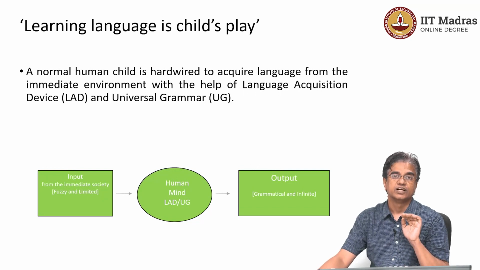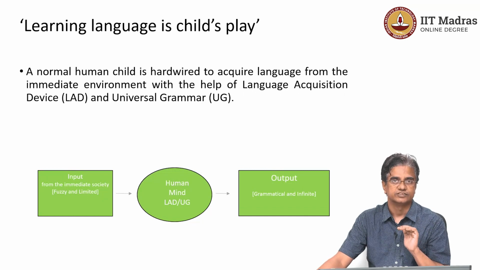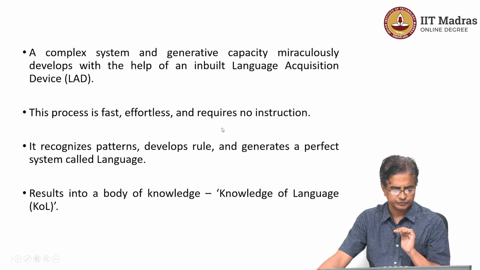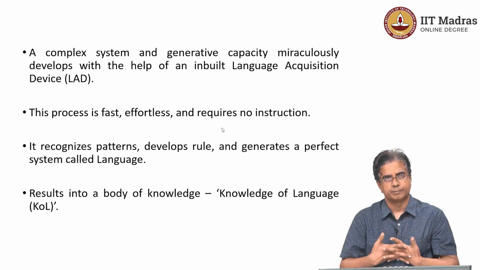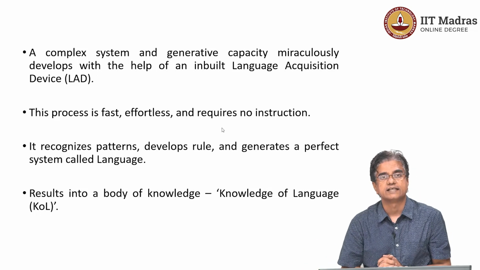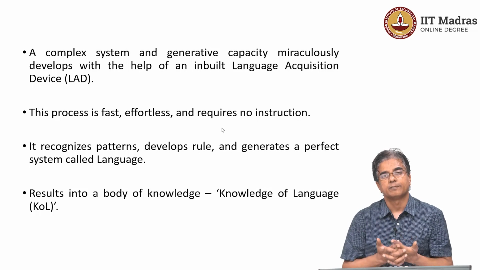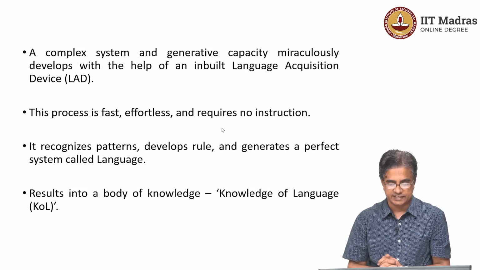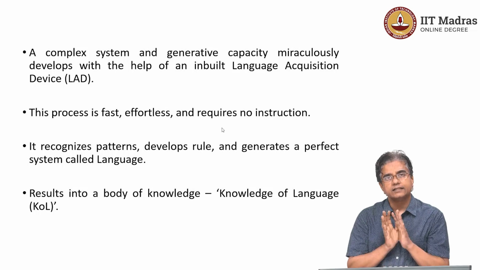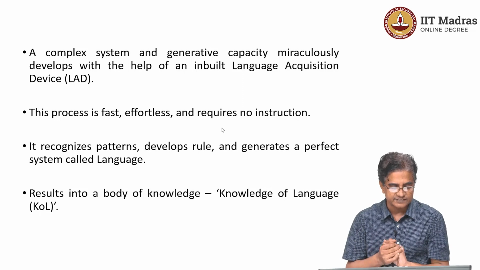This follows from what goes on in learning as a child. So, with this, children develop language as a generative system. Using their generative system, they develop language as a capacity, and as we know, it miraculously develops. And this happens through the inbuilt hypothetical language acquisition device.